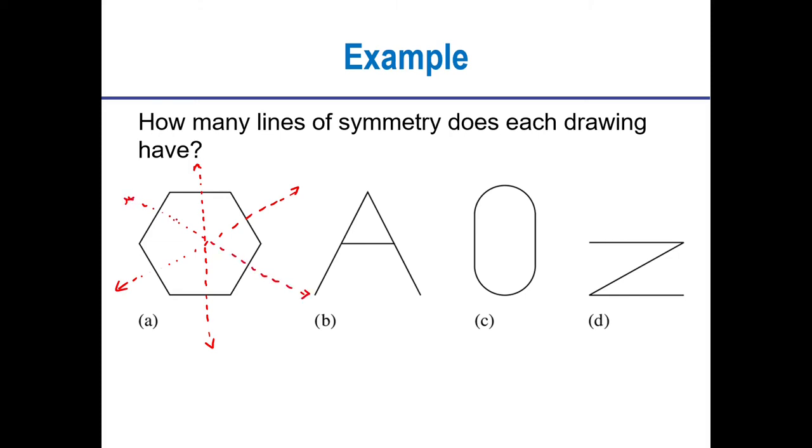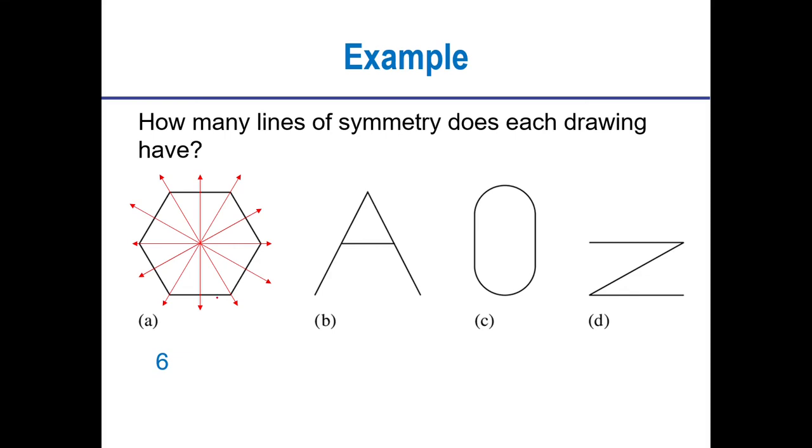And it also looks like we have a line of symmetry through the vertex and out the other vertex. Similarly here as well. And we have one more line of symmetry. So that is a total of 1, 2, 3, 4, 5, 6. We have 6 lines of symmetry.